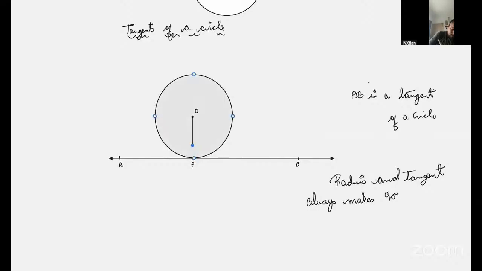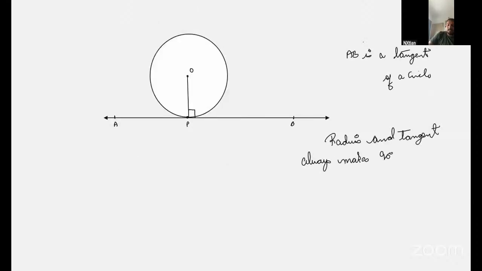So for example, this is the radius, this is the tangent, and the angle between them is always 90 degree. Did you understand, guys? Radius and tangent always make 90 degree.